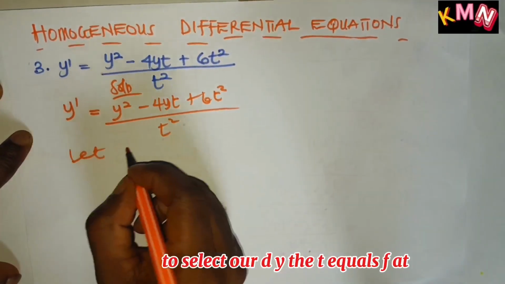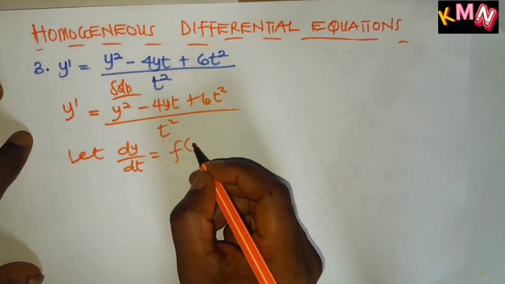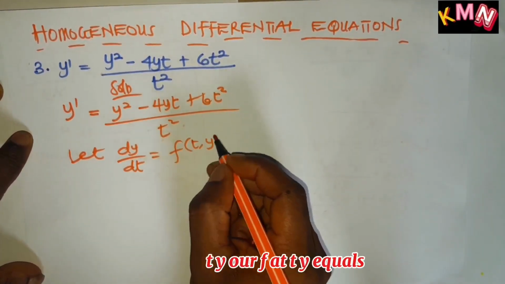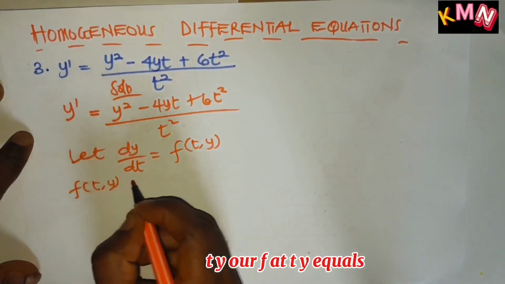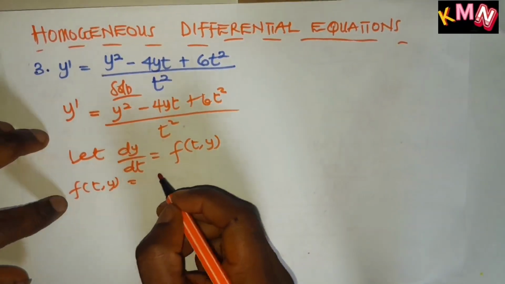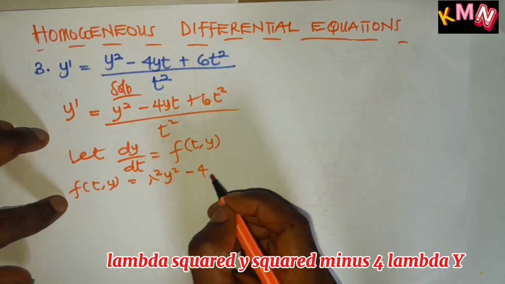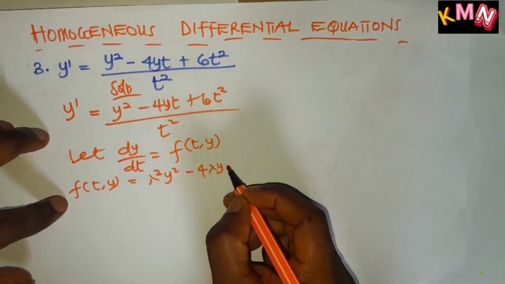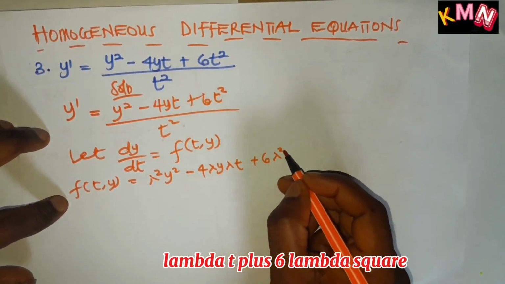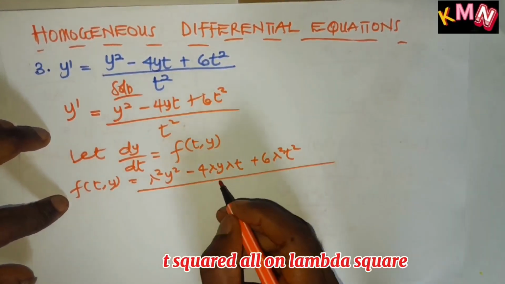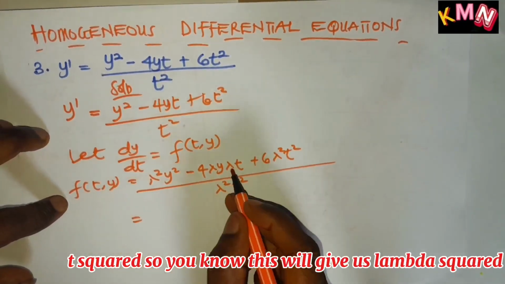So we say let our dy dt equal f at t y. So our f at t y equals lambda squared y squared minus 4 lambda y lambda t plus 6 lambda squared t squared all on lambda squared t squared.